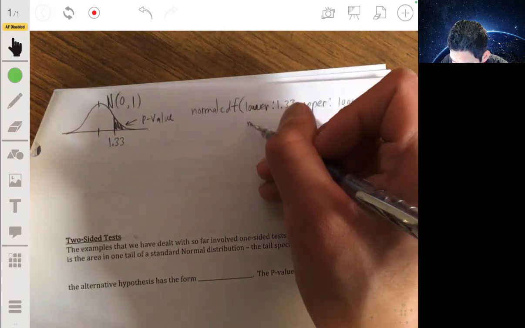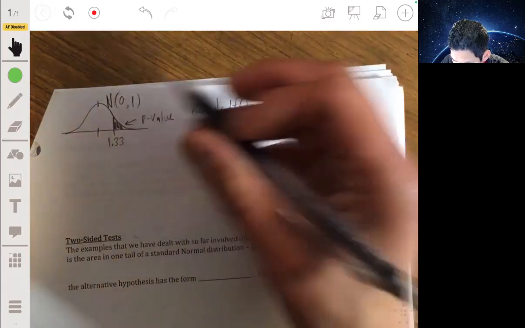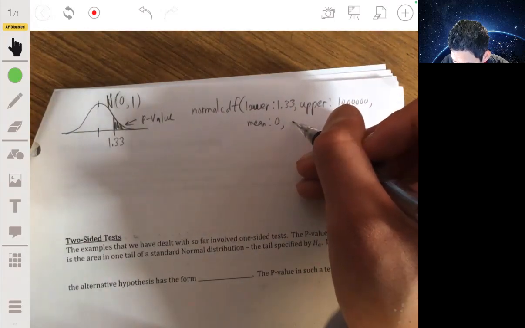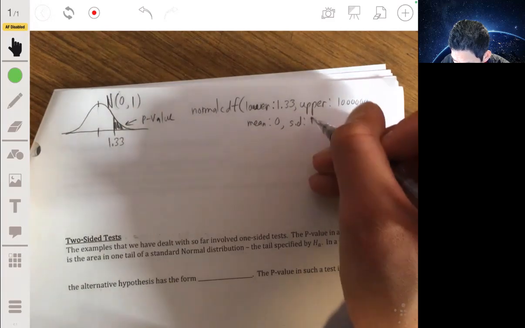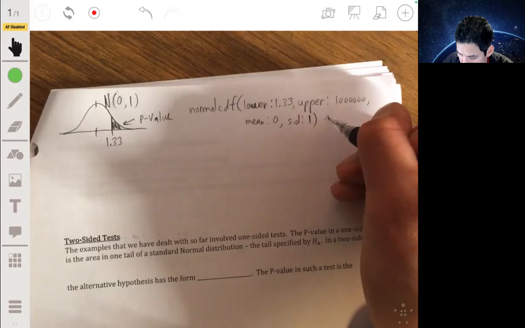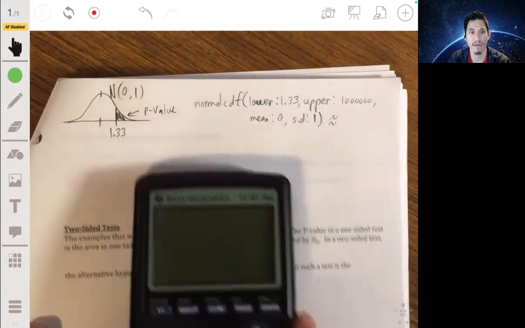Our mean, 0. And our standard deviation, 1. So let's see what we get when we do that in our calculator.